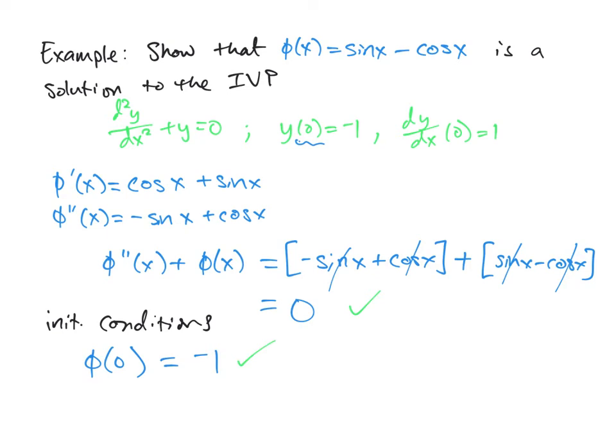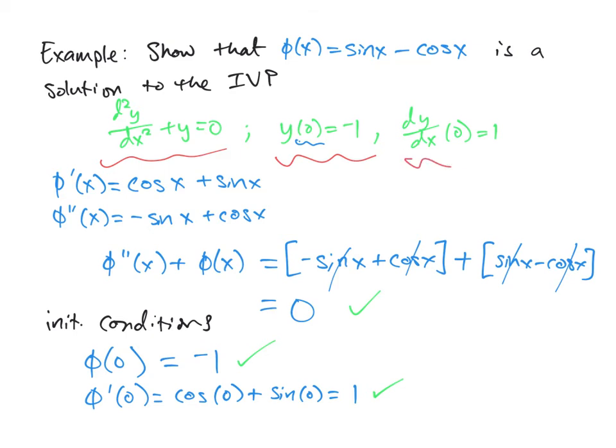Then phi prime of 0 equals cosine of 0 plus sine of 0, which equals 1, and that's what we wanted too. So we had 3 things to check. First, that phi satisfied the equation. Then that phi satisfied our first initial condition and then our second initial condition.